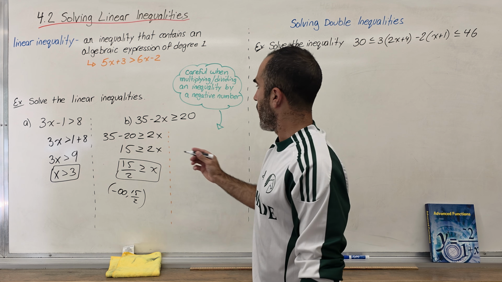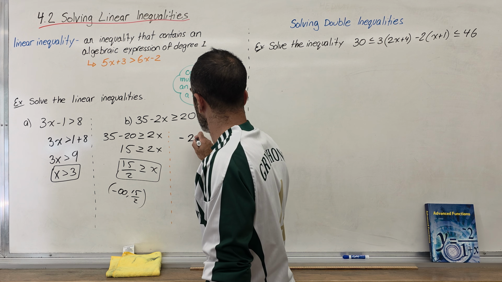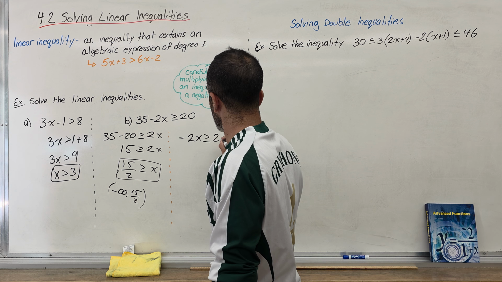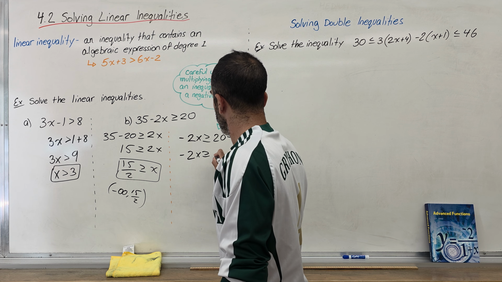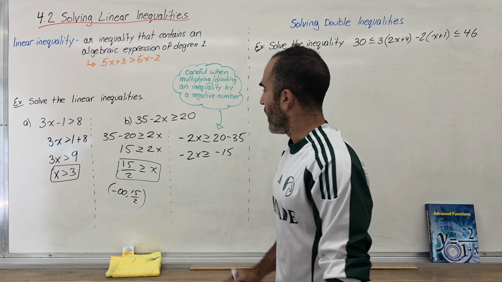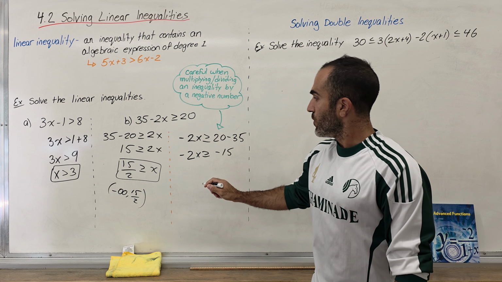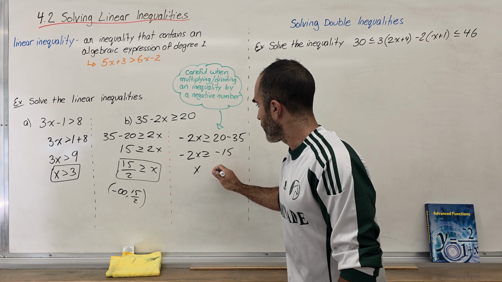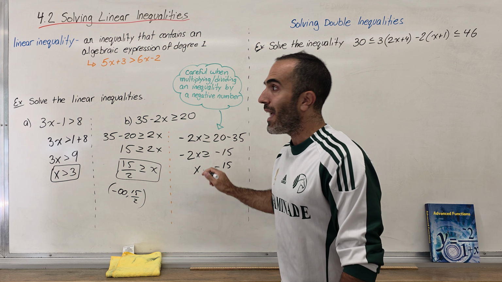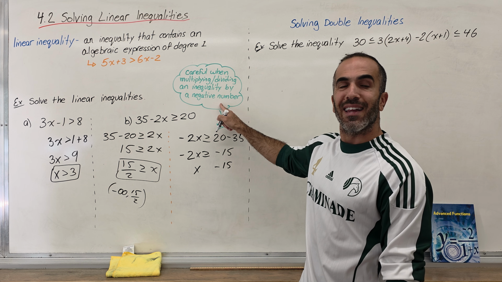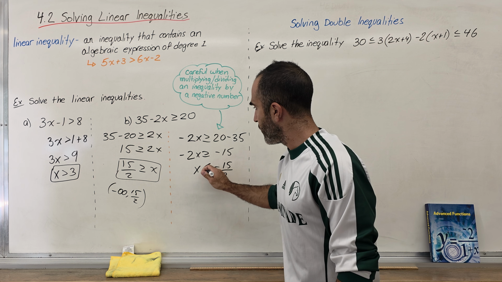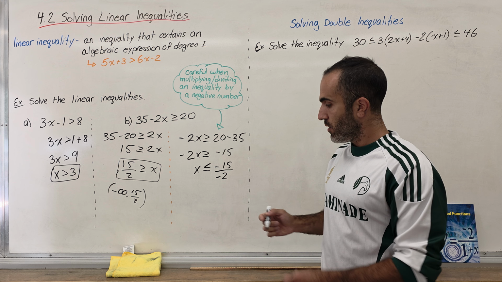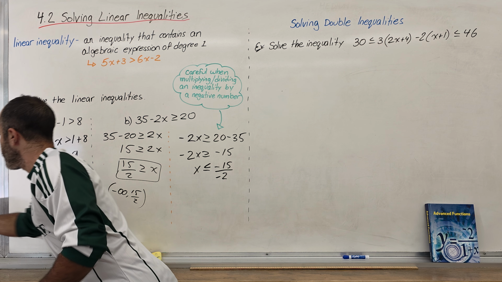Okay, how do we rock with the negative? No problem. Negative 2x is greater than or equal to 20 minus 35. Easy to get here. But now, when you're dividing by negative 2, anytime you're multiplying or dividing an inequality by a negative number, you must flip the sign. You must flip the sign.